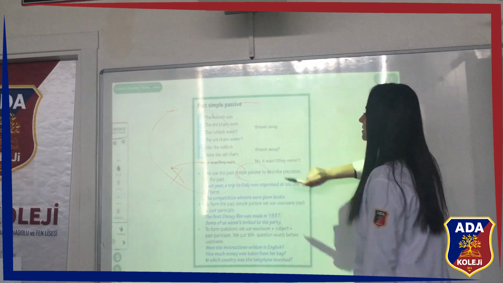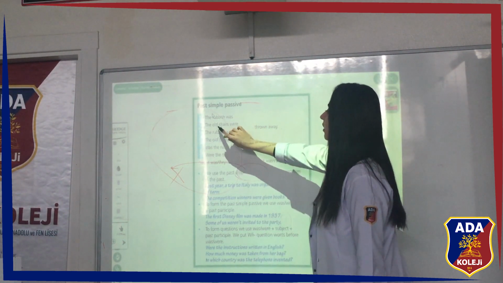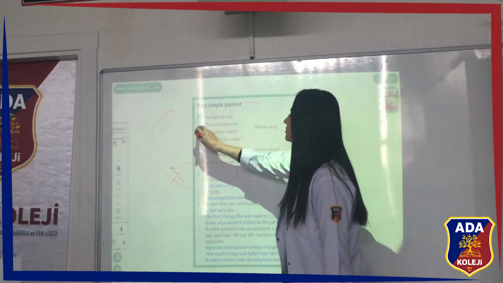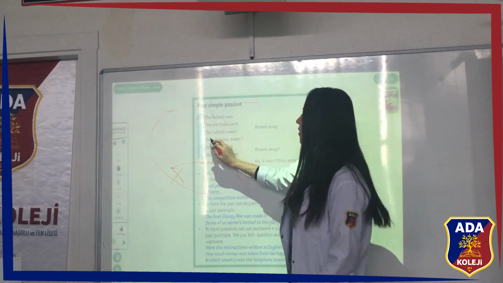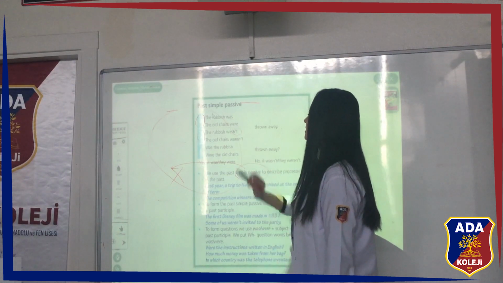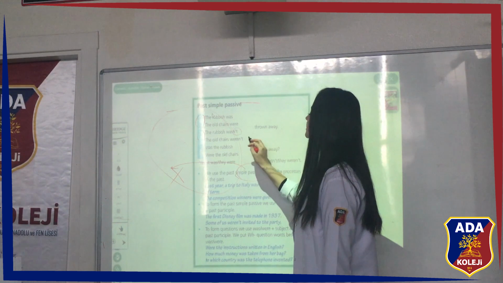Firstly, the rubbish was thrown away. The old chairs were thrown away. It's affirmative, you know. And then the negative part, you can use the rubbish wasn't thrown away and the old chairs weren't.